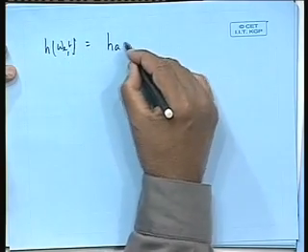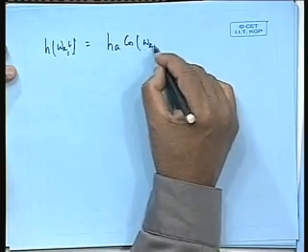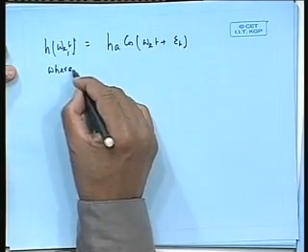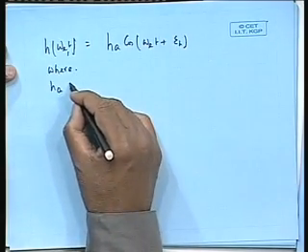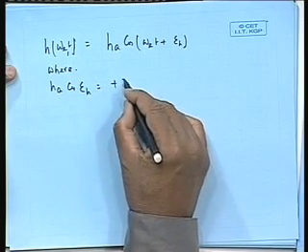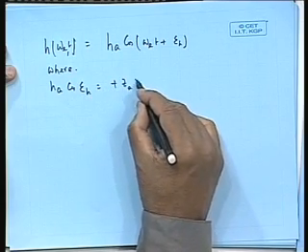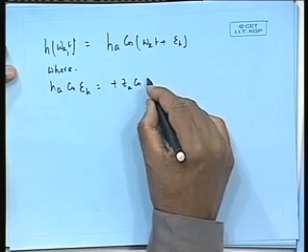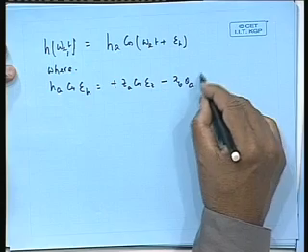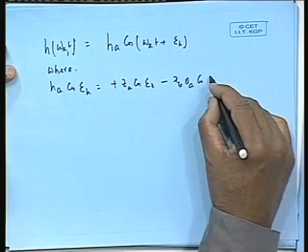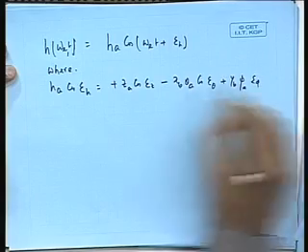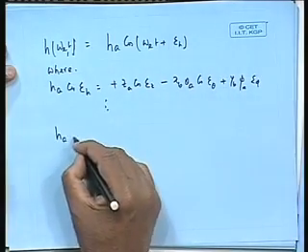It becomes HA cos(omega e t plus epsilon H), where HA cos epsilon H is equal to za cos epsilon z minus xb theta a cos epsilon theta plus yb phi a cos epsilon phi, and so on.